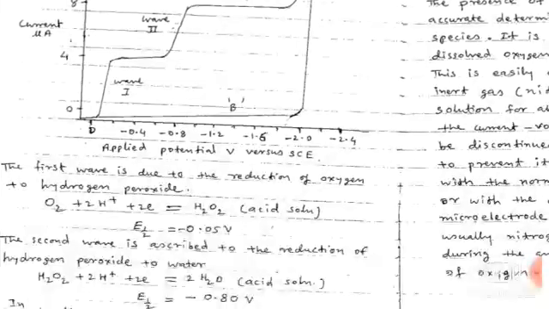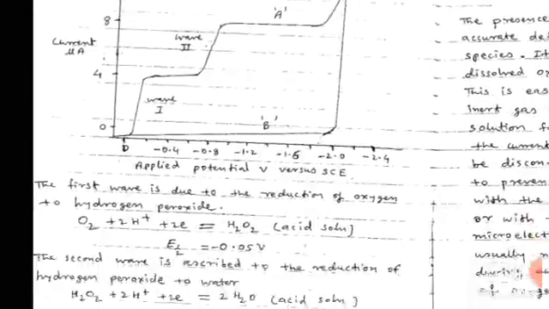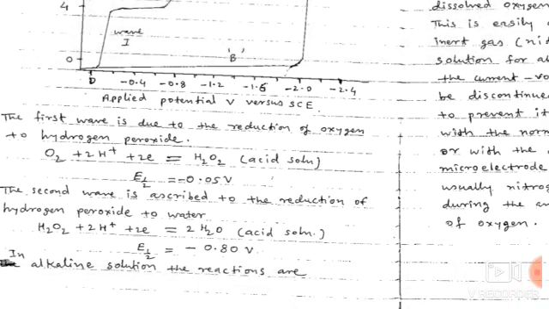Then the second wave is ascribed to the reduction of hydrogen peroxide to water, so H2O2 + 2H+ + 2e- gives 2H2O in acid solution, which has the potential E half equal to minus 0.80 volt.